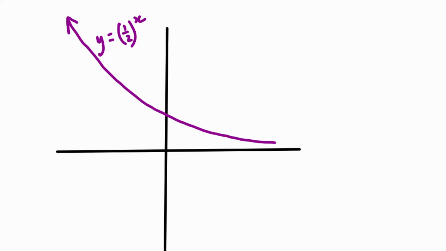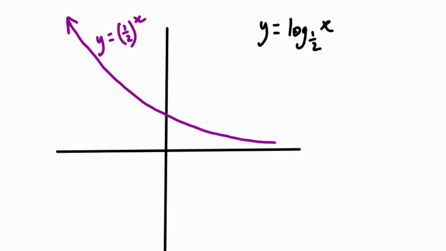Now, what we're going to do is look for the inverse, or the equation of the inverse. Again, if you remember the definition, you will note that there are two ways. We can either write the inverse as y is equal to log x base half.